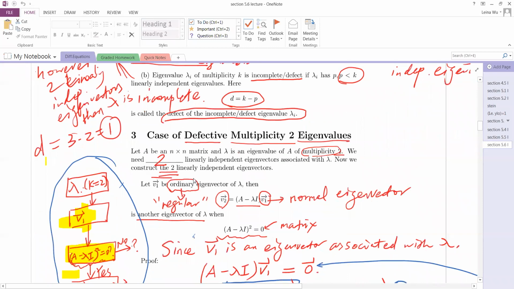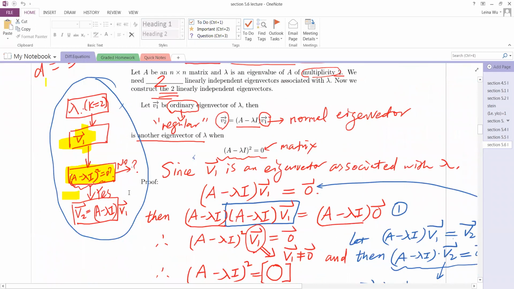So last time we talked about the simple case when an eigenvalue appeared twice, multiplicity 2. We went through this flow chart: if eigenvalue lambda has multiplicity 2, then we should have 2 eigenvectors. We can always find at least one, the normal one, V1.